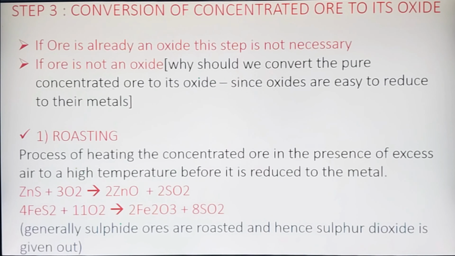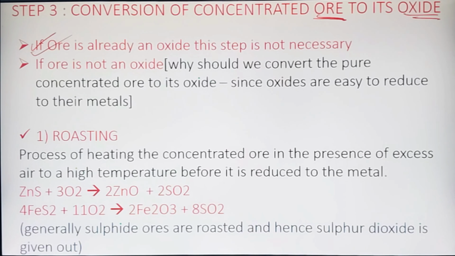Okay. Now, one most important thing that you have to remember is when I am converting the ore, I have initially purified the ore. When I am trying to convert it into its oxide, if the ore is already in an oxide form, you need not carry out this step at all. So if the ore is in an oxide form, we do not do this step at all.